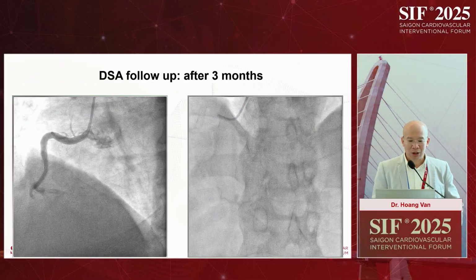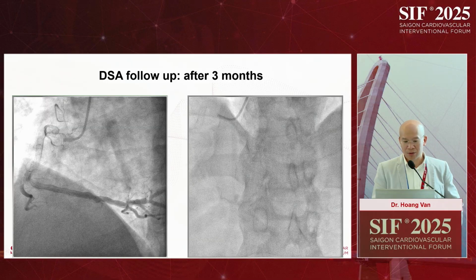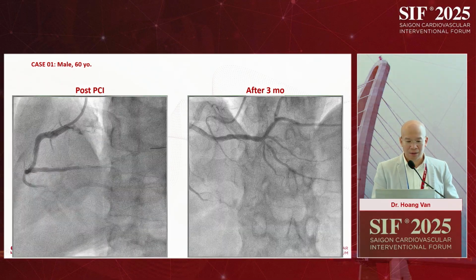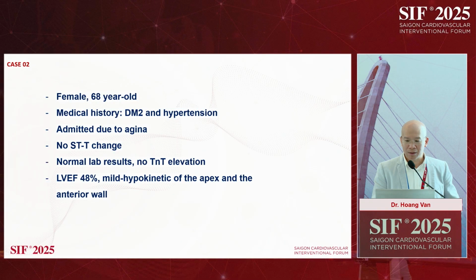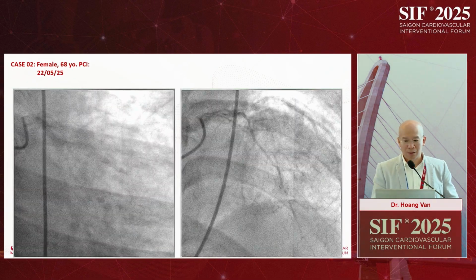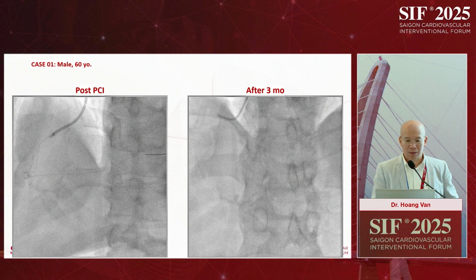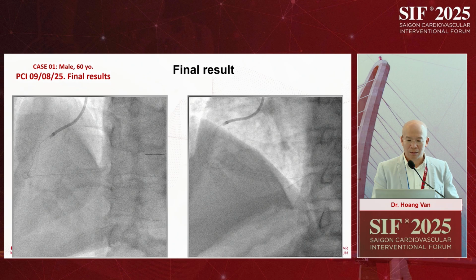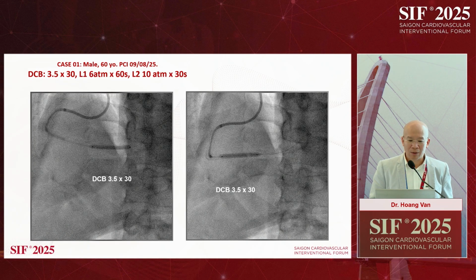So I will try. We used 2 DCBs, 3.5 by 30, overlapping in the lesion.